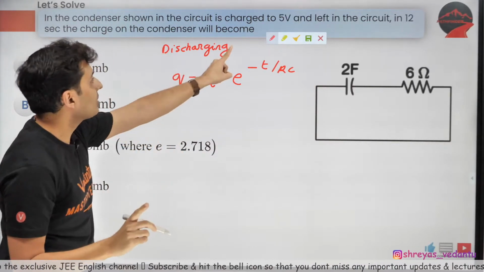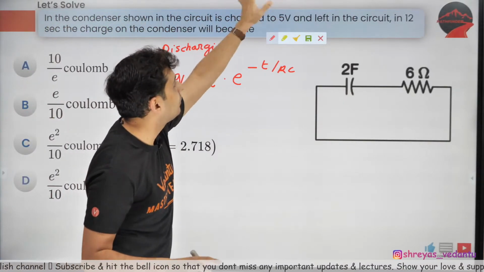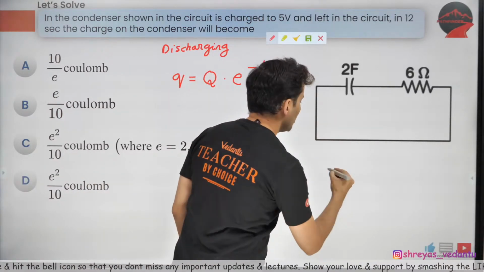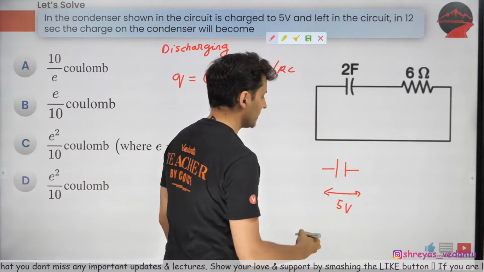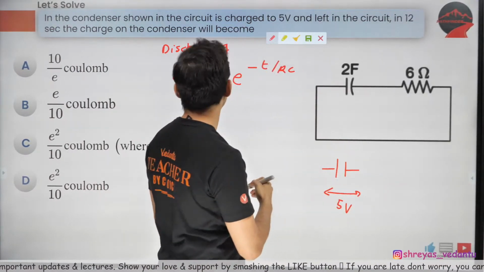It is mentioned in the question, the capacitor was initially charged to 5 volts and then left. So if you take a capacitor and charge it to 5 volts, correct? What will be the charge stored on it? Think about it.